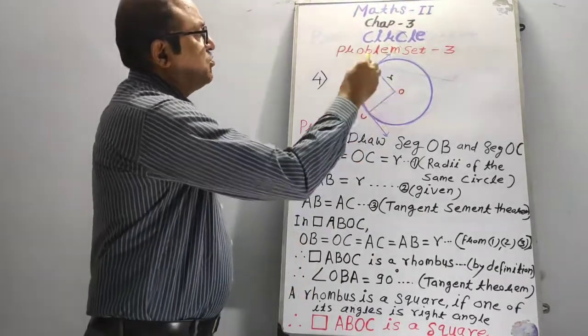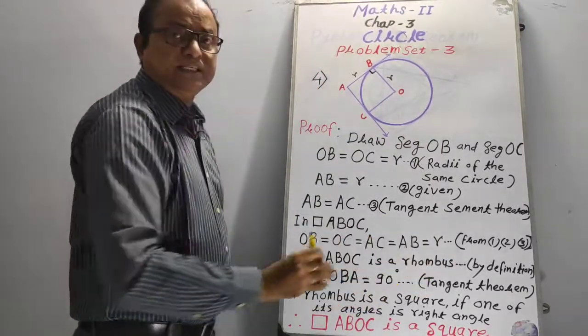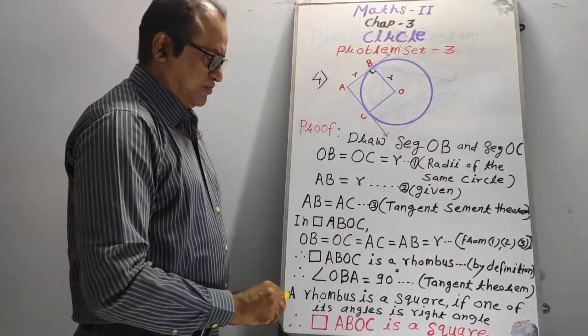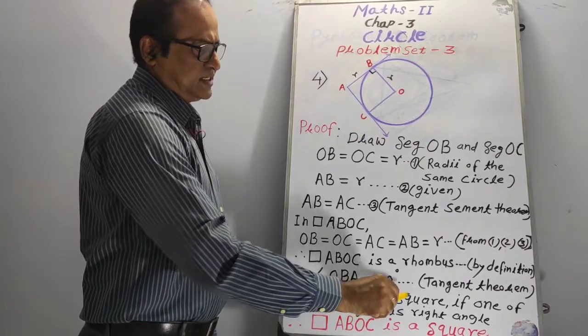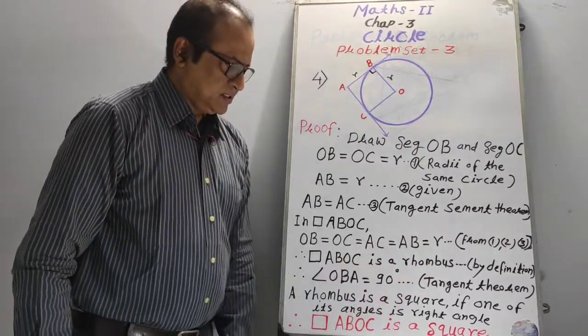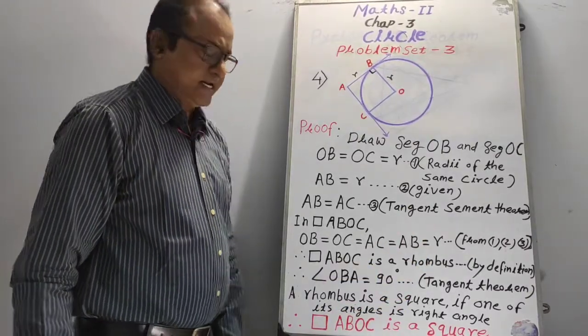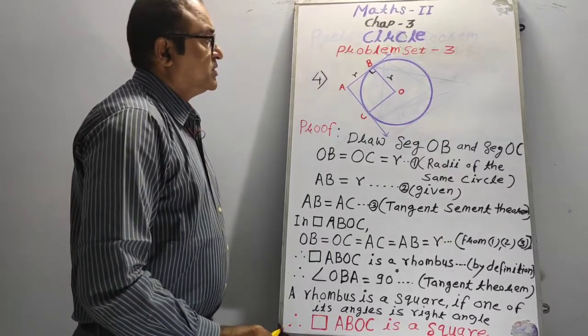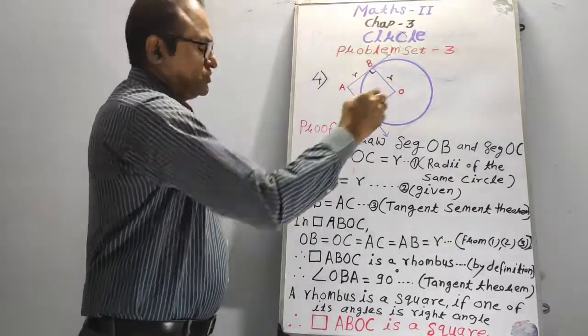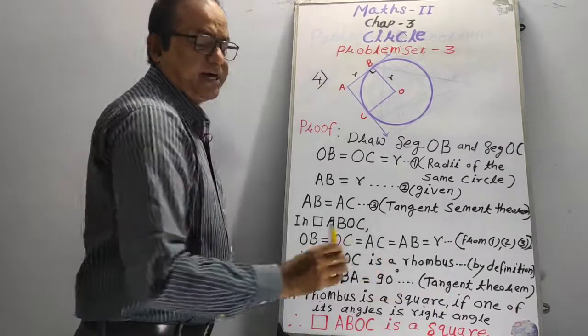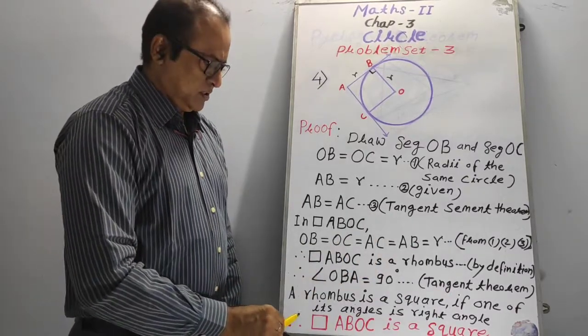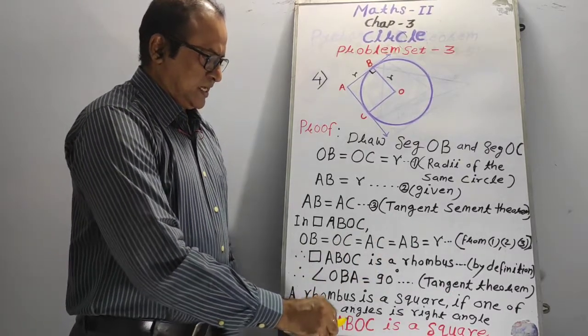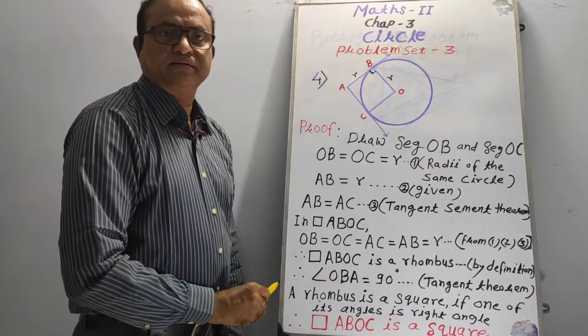Therefore, angle OBA is 90 degrees by the tangent theorem. Therefore, a rhombus is a square if one of its angles is a right angle. Therefore, quadrilateral ABOC is a square. Hence, we proved quadrilateral ABOC is a square.